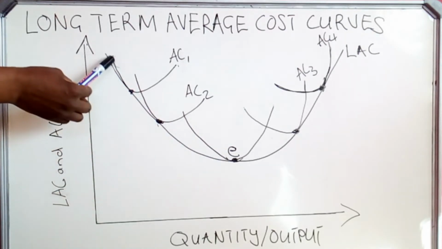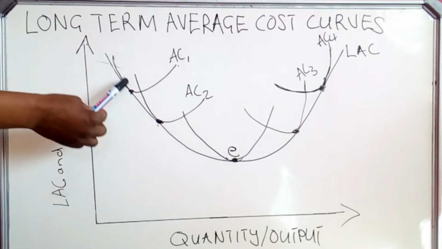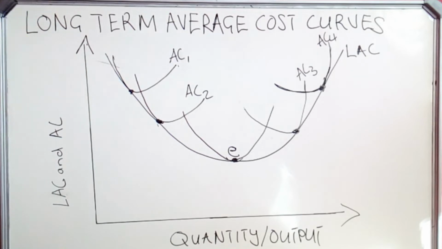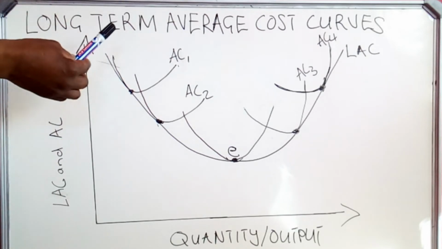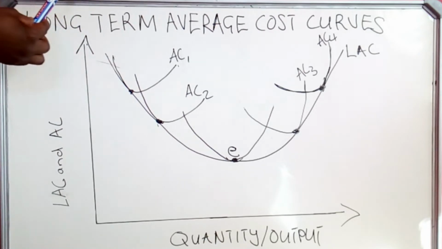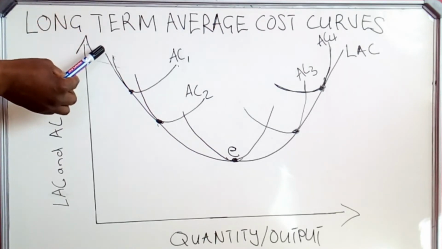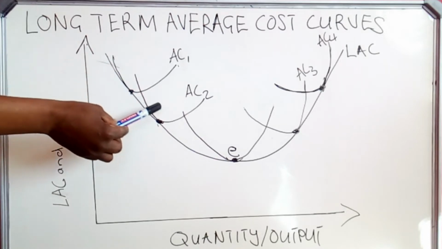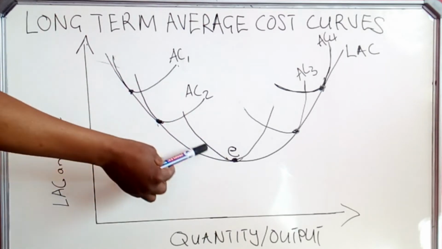Internal economies of scale here means that we are using the same raw materials, the same equipment, probably also the same skills and labor, to produce an increased level of output.